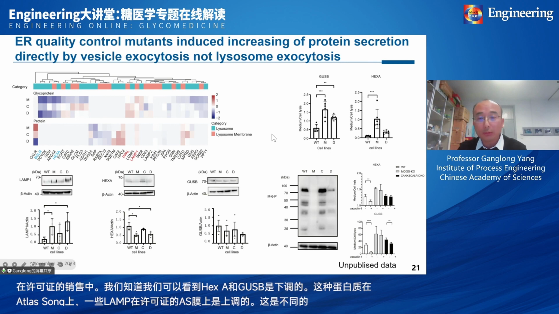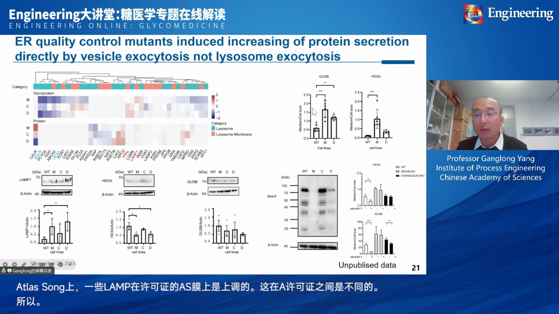So to see the difference, we checked the exosome, the secretion of the proteins. We saw that GUSB and HEXA were secreted to the outside of the cell.